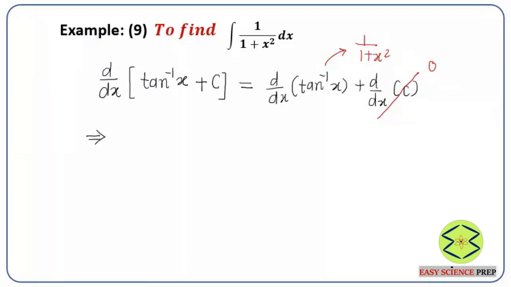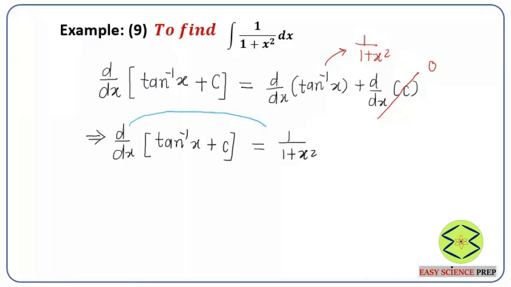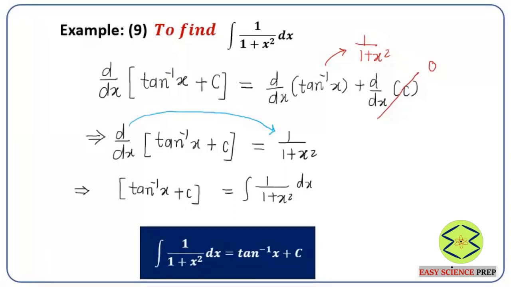So you'll be getting the derivative of tan inverse of x plus c is nothing but 1 divided by 1 plus x square. Now as far as the rule is, if I bring the derivative from left side to right hand side, this is going to become integration to this function. So I will be getting like this: tan inverse of x plus c is going to be the integration of 1 divided by 1 plus x square. That's what we got. So integration of 1 divided by 1 plus x square is nothing but tan inverse of x plus c.